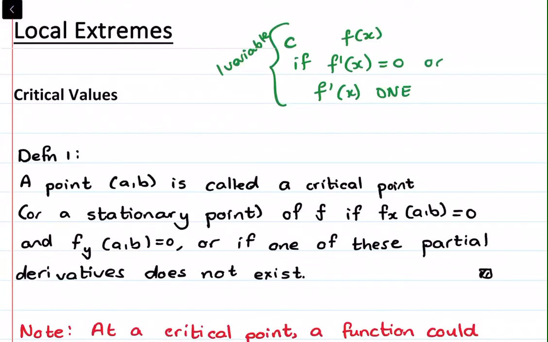Now, what happens in two variables? Here we do not have a point c. We have an ordered pair, (a, b), which is considered a point in functions of several variables.